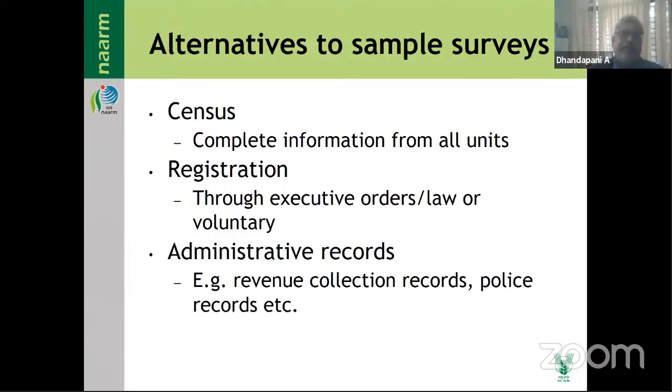All these things collect data, and some of the issues which we are dealing with can be collected from these administrative records. Again, administrative records have their own issues. They may not be highly reliable sometimes, or it may be difficult, or the data may not be shared. Registration, again, has its own issues.